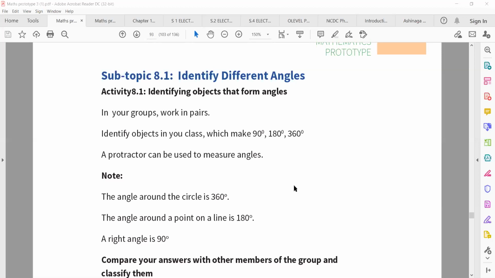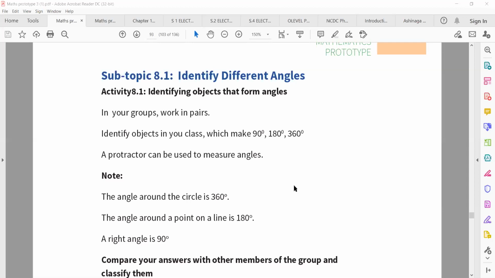Teacher Martha, over to you. Okay, thank you so much, girls. Those were good ideas. So we can proceed. Most of those angles, realize that we can obtain them by measuring them on a protractor. And then we are given a note down there.